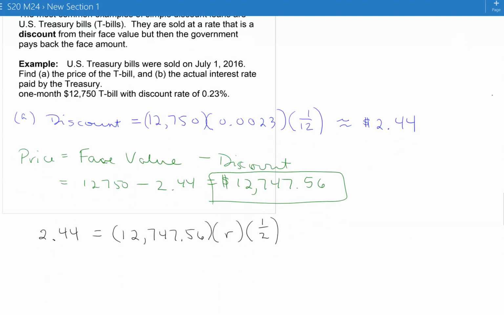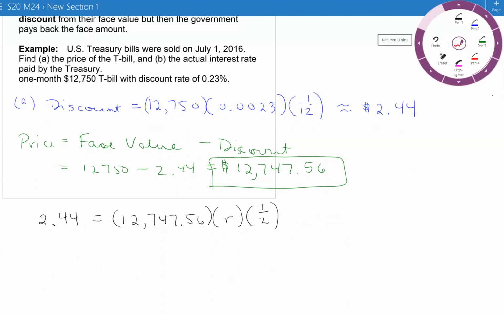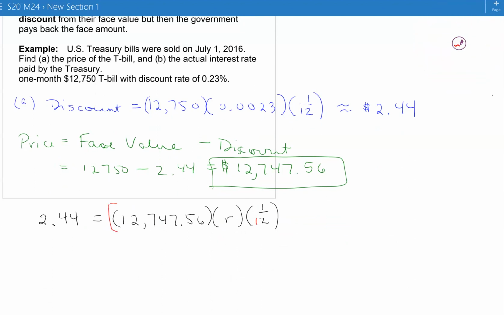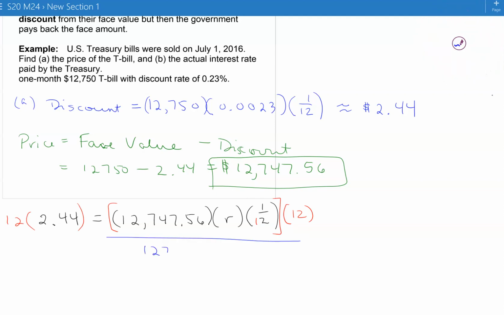And if you actually figure out the interest rate, so you would multiply both sides. That was a 12, right? Multiply both sides by 12. And then divide both sides by the 12,747.56. So see how I'm not dividing by the face amount?